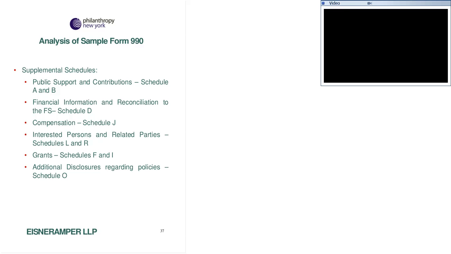Schedule L and Schedule R, again, Schedule L, I'd say 60% of the time it's not going to be there. So if it is there, I'm very interested in it because I want to know what happened during the year that was an interested person transaction and what are the details of that transaction and should I be concerned about that transaction.